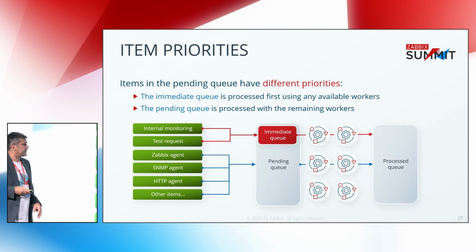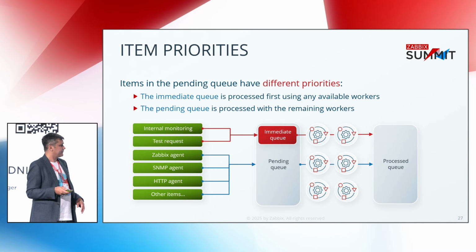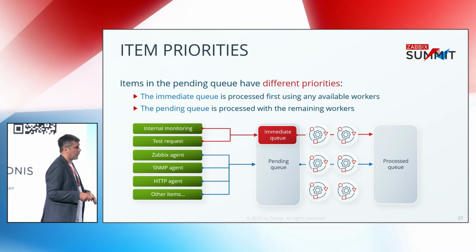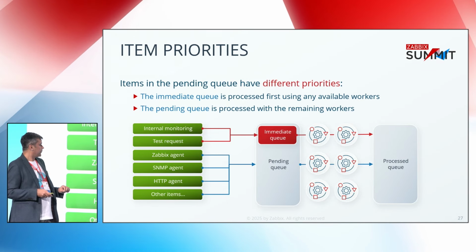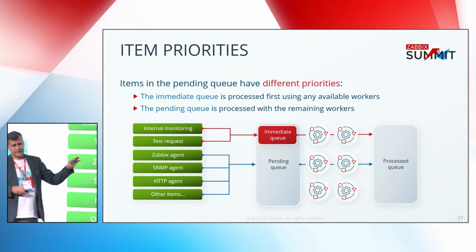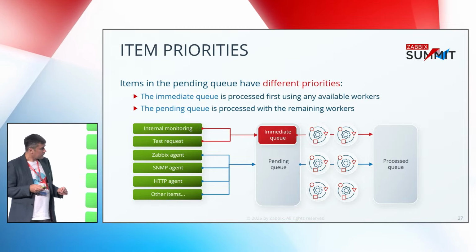Some more details. On a well-tuned instance, you will not notice anything. But if you have any troubles inside pre-processing, there are quite simple rules. All the normal items go to the pending queue, and probably they are delayed.